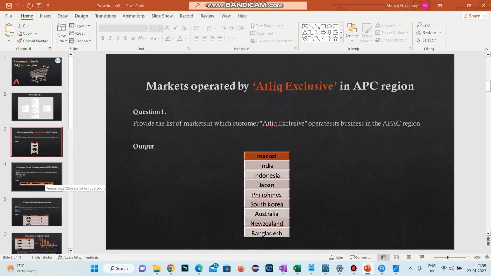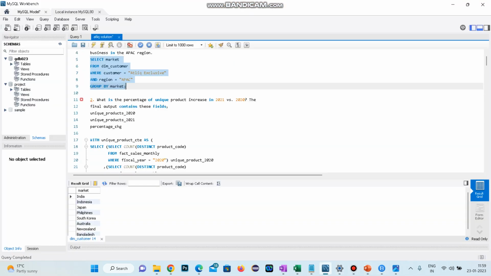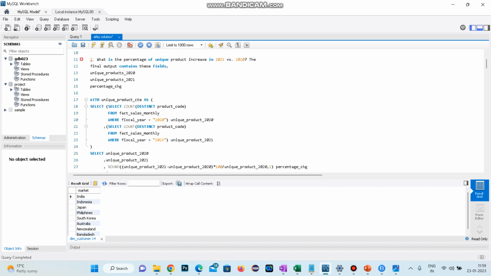Now let's move to the second question. We need to find the percentage change of unique products in 2021 as compared to 2020. For this, we have written a query where I have used a CTE for counting distinct products in 2020 and 2021, along with a subquery.